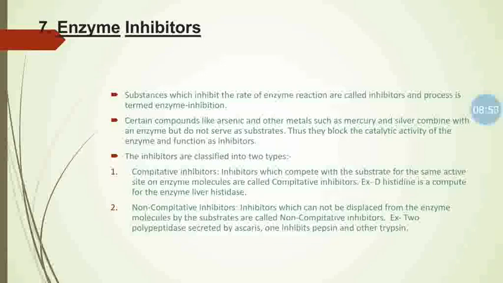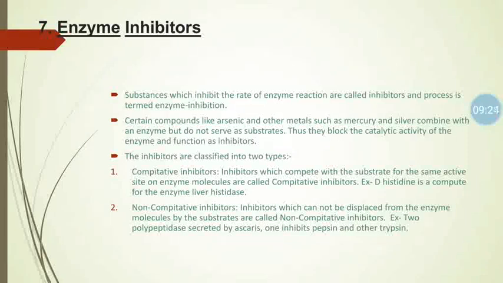That means the reaction will be stopped due to certain substances, like certain compounds such as arsenic and other metals such as mercury and silver, which combine with an enzyme but do not serve as substrates. Thus, they block the catalytic activity of the enzyme and function as inhibitors.